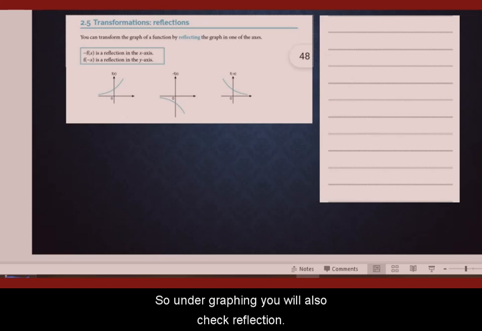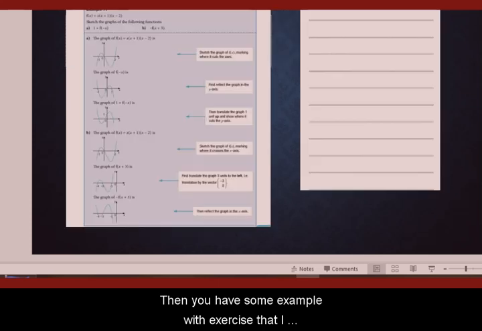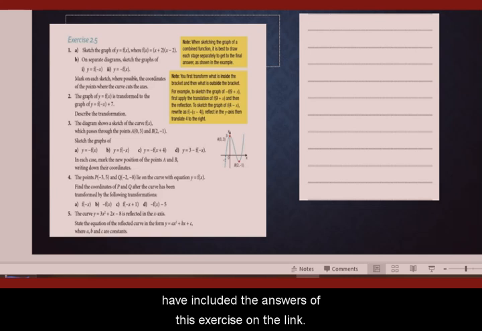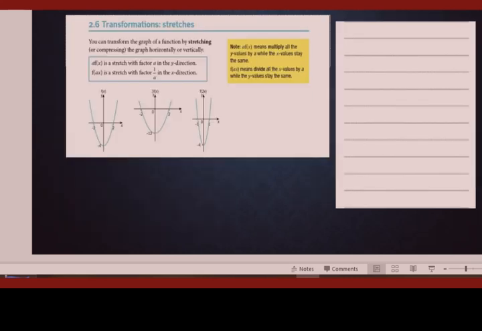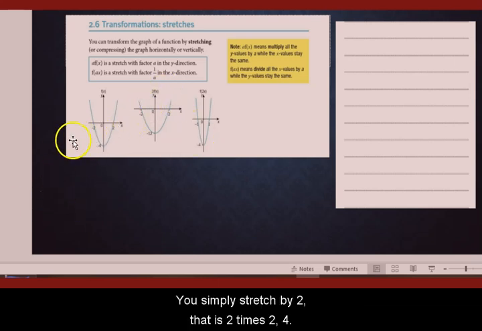So under graphing, you will also check reflection. Then you have some examples with exercises, and I have included the answers of this exercise in the link. Then you have stretches where you have 2. You simply stretch by 2. That is 2 times 2, 4.